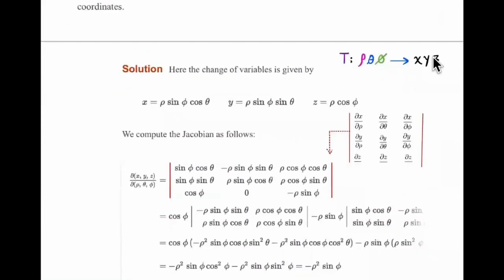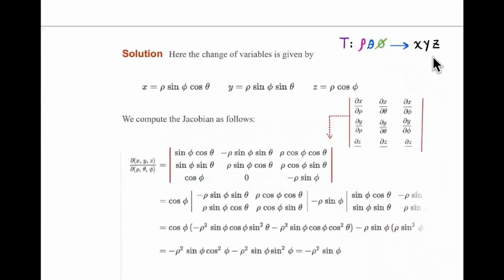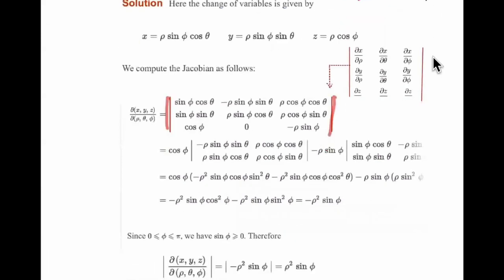You first compute the Jacobian by taking the partial derivative of each one of these with respect to rho, with respect to theta, with respect to phi, and then calculate the Jacobian, and it turned out to be negative rho squared sine of phi.